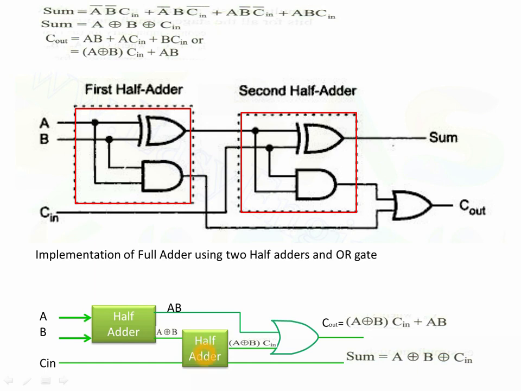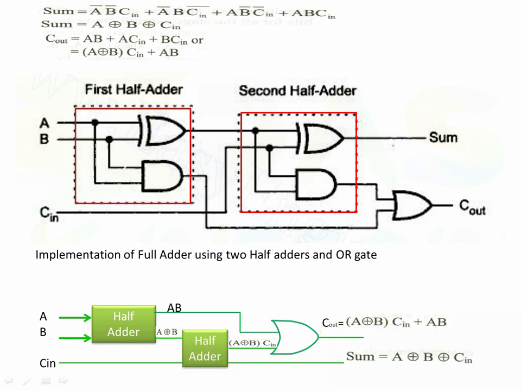The half adder outputs are the exclusive OR operation and the AND operation. So we get the outputs at the second half adder as sum equal to A exclusive OR B exclusive OR Cin, and A exclusive OR B into Cin. A exclusive OR B and Cin are the two inputs for the second half adder.